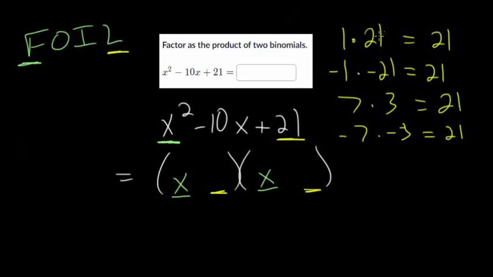And once you write down all the different possibilities, now you just have to ask yourself the question, which of these pairs of numbers would add up to give us this middle term here, this minus 10x? Or essentially, we're just looking for the coefficient on x. So which of these pairs would add up to give us minus 10? And in this case, it would be this minus 7 and minus 3. So we can put minus 7 and minus 3 into our binomial expressions.